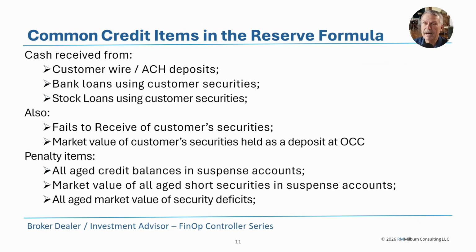So here are some common credit items: cash received from customer wires and ACH deposits, cash received from using customer securities as collateral for loans, fails to receive of customer securities, and the market value of customer securities held as a deposit at OCC. In addition, here are the penalty items as noted before.